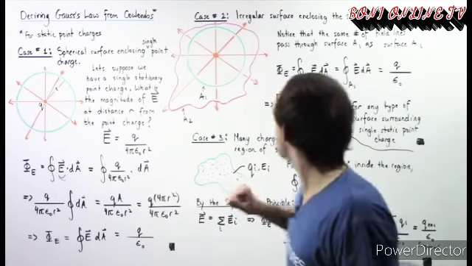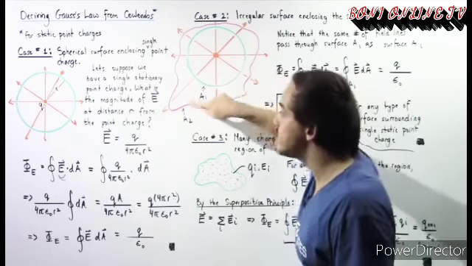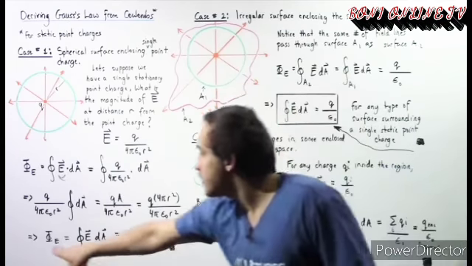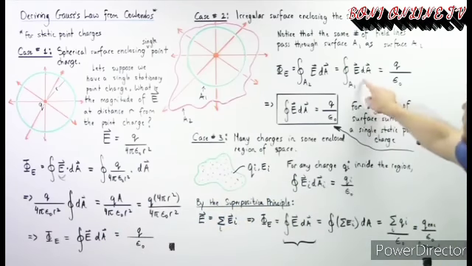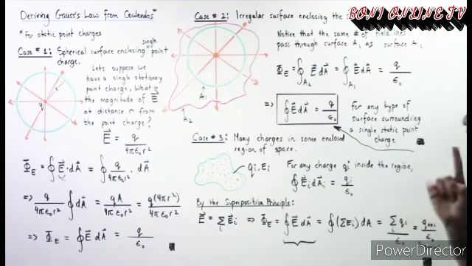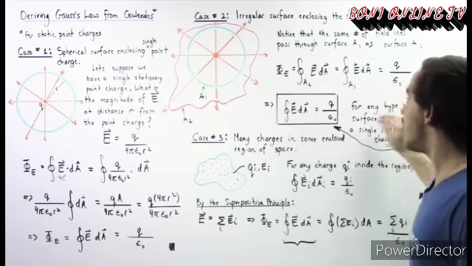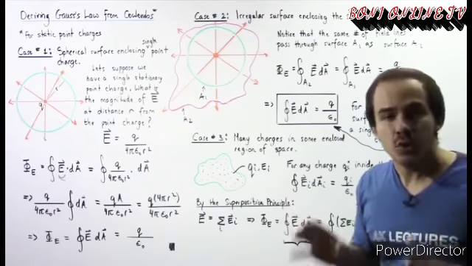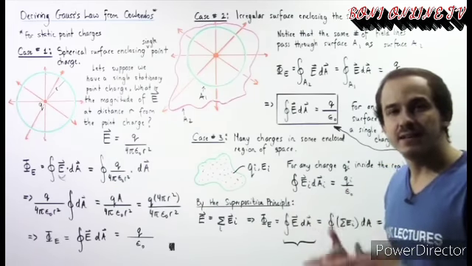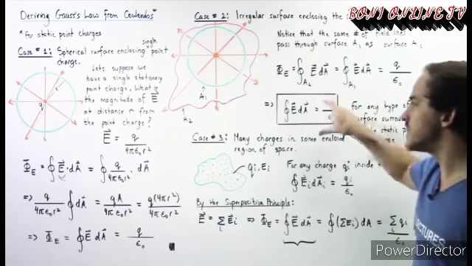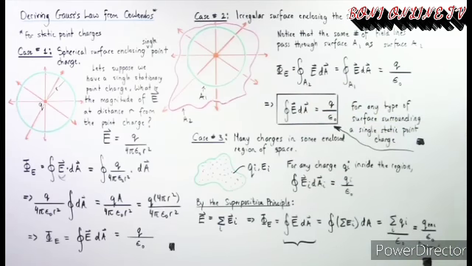And we know for this case, because A1 is simply this green sphere, and in case 1 we were able to show that this is equal to this, that implies this is equal to Q divided by epsilon naught. So once again, for case 2, we show that the closed integral of E dA is equal to Q divided by epsilon naught for any irregular surface containing that single static point charge. So for any type of surface surrounding a single static point charge, we have the following result. So we showed case number 2 is true.